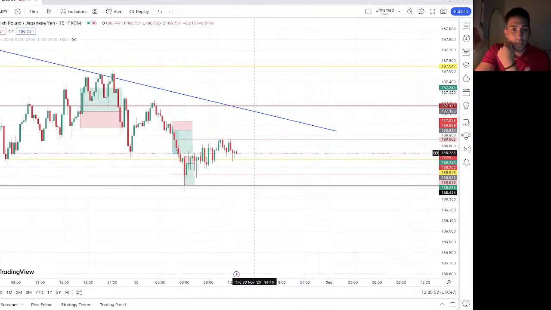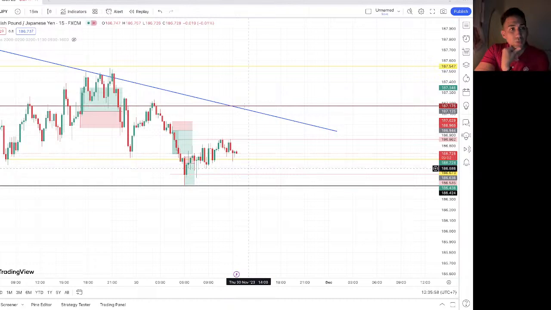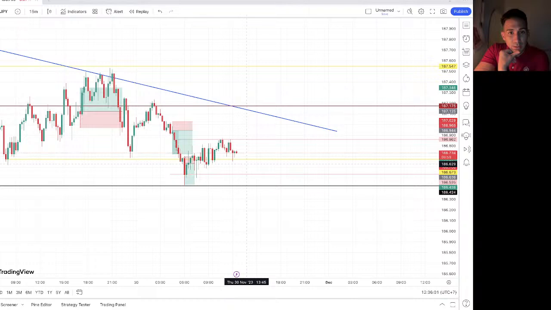Then I'm waiting for this line to be broken to see if I have a good entry. Let's say there are 12-13 pips. That will be risky, but it's manageable.